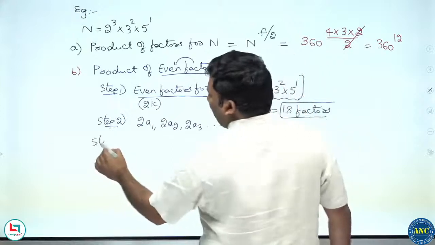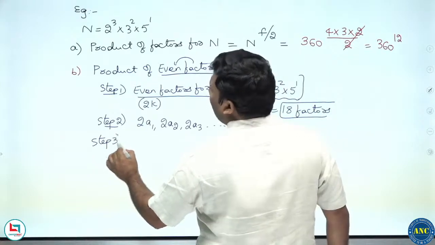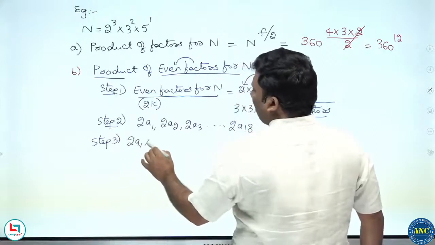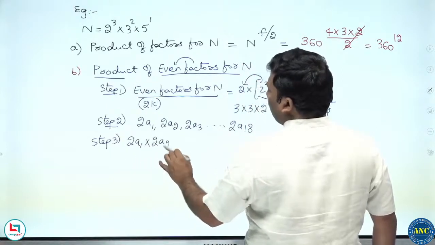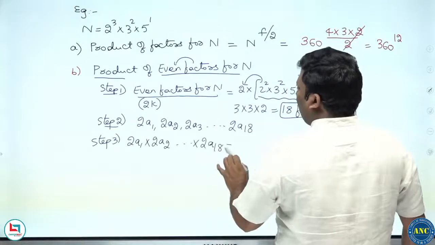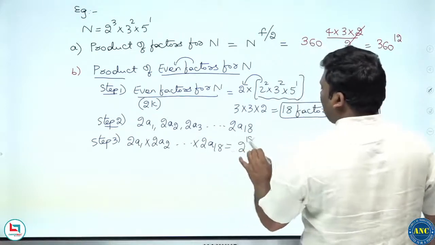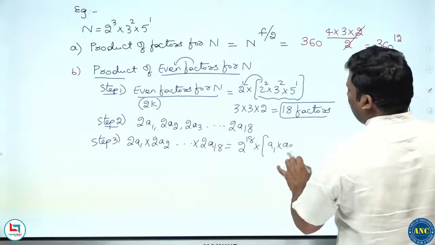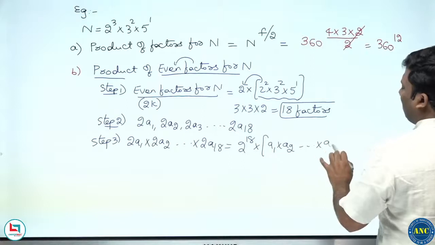Step number 3. What is the question that he is asking? He is asking the product. Multiply it: 2a1 into 2a2 and so on up to 2a18. 2 is multiplied 18 times, so 2 power 18 into a1 into a2 till a18.